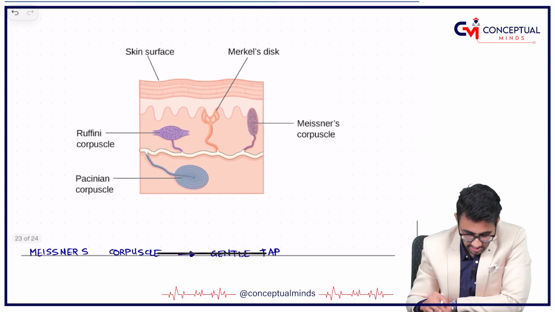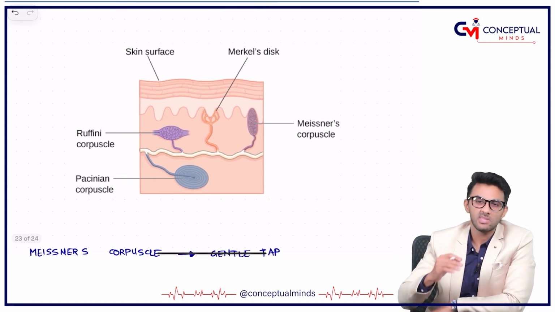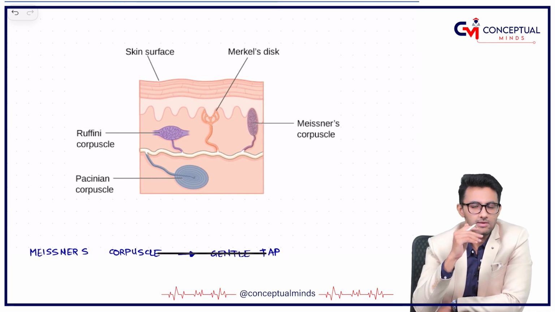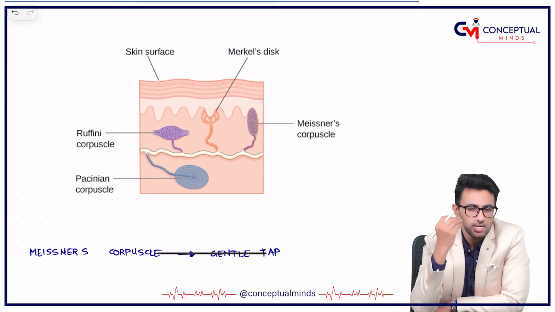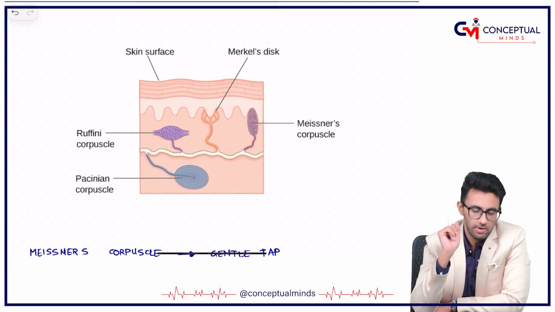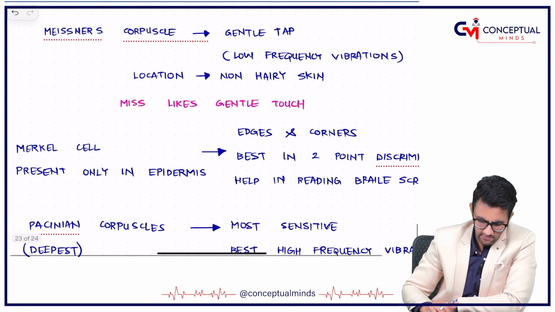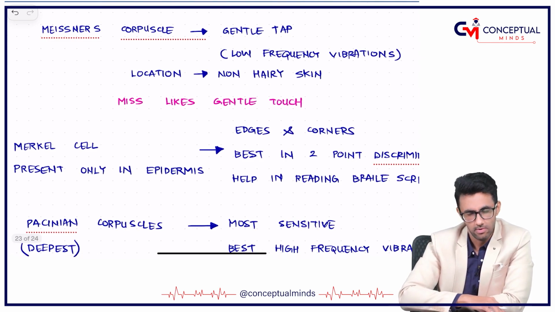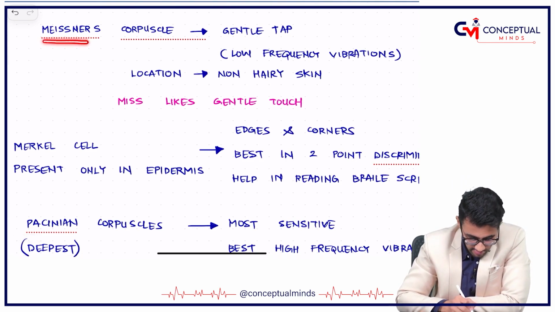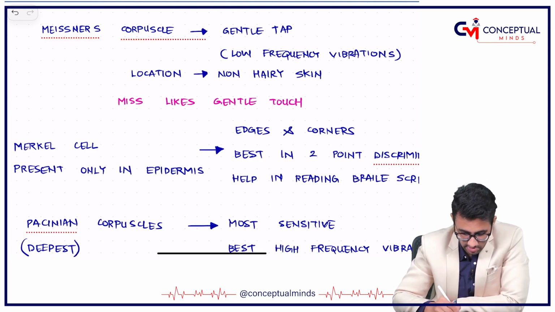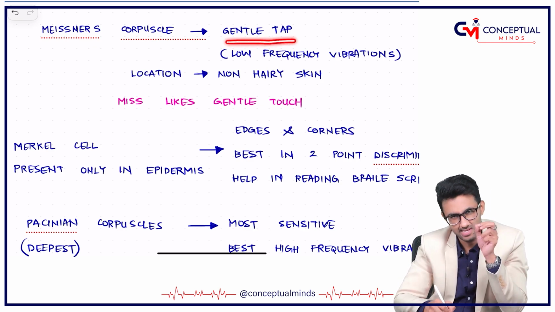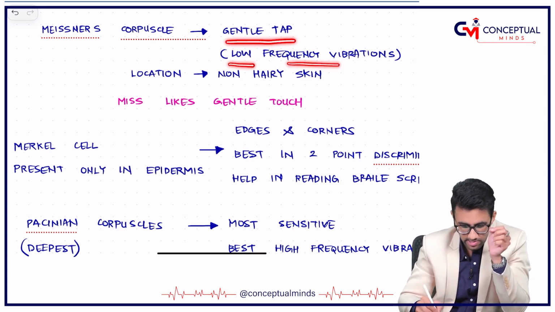Let us discuss each of these and see how to remember them. That is the most important one. There are specific things, we just follow them and we'll never go wrong. Meissner's corpuscle is for gentle tap, low frequency vibrations.